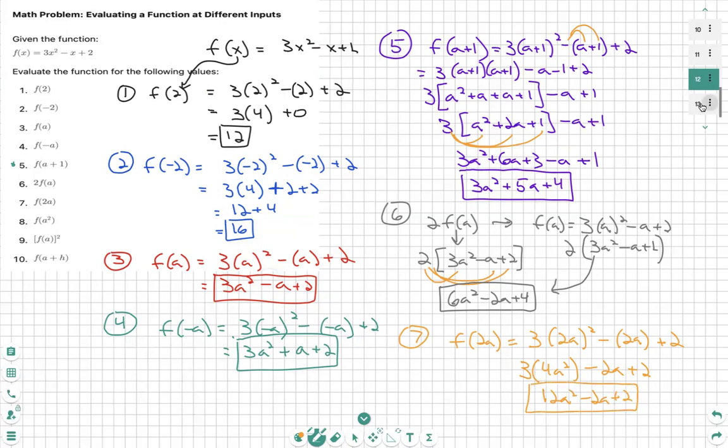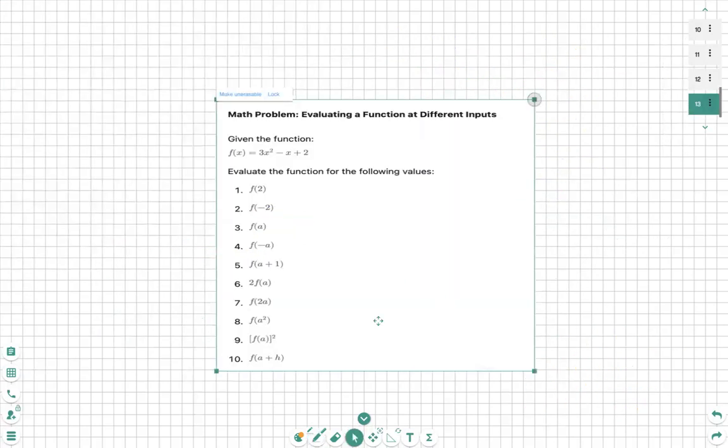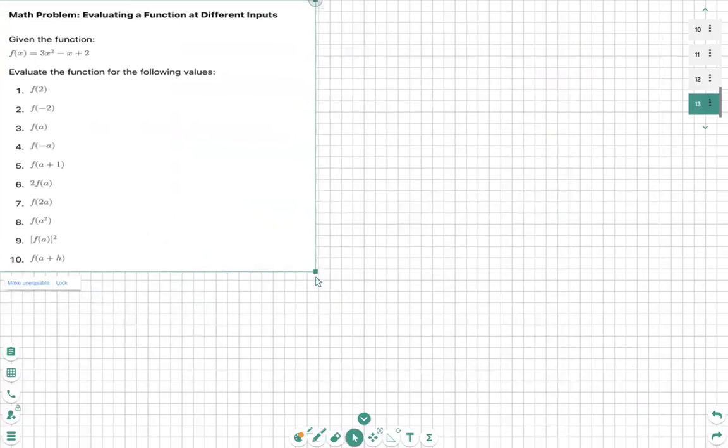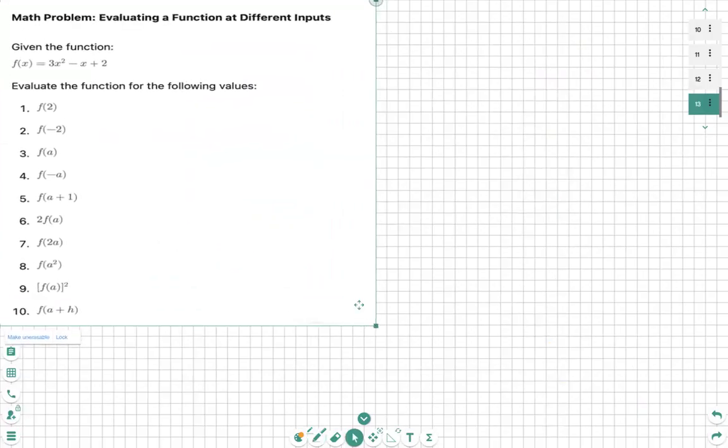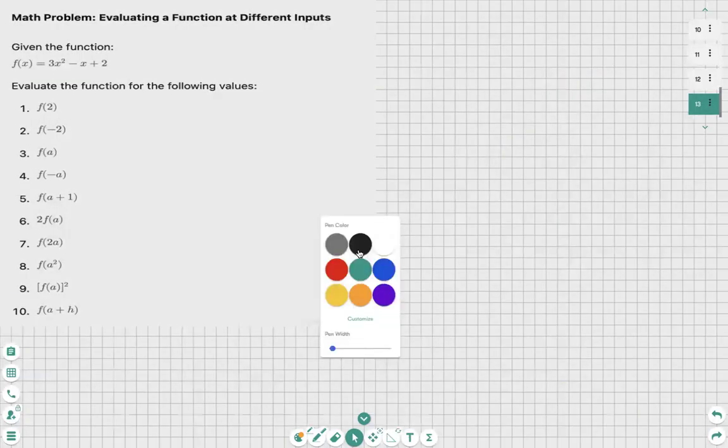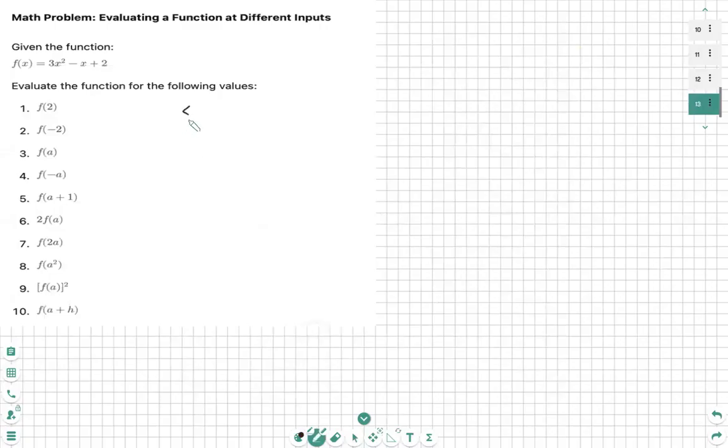All right, let us continue and go to the next page. We are on number 8. So for number 8, we're going to do the same thing. We have f of a squared. Our input changed.